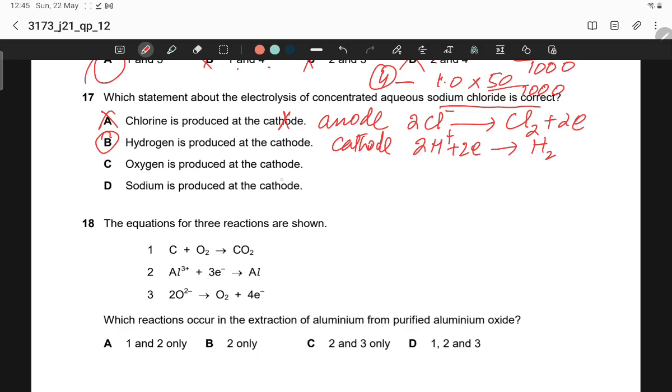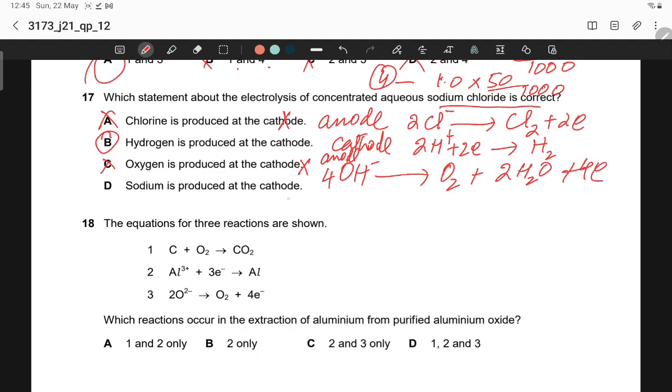Oxygen is produced at the cathode. This is incorrect because oxygen is produced from OH ion, and this is the reaction at anode, 4OH negative forms O2 plus 2H2O plus 4 electron, so this is incorrect.